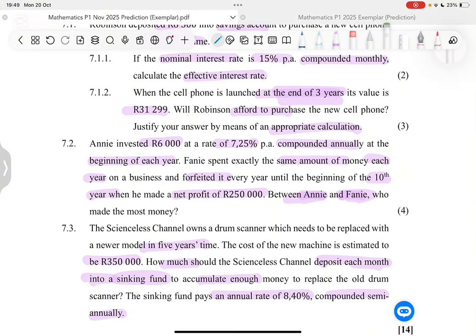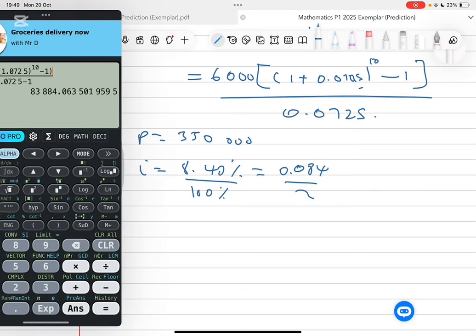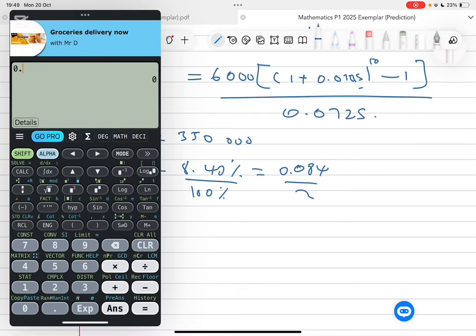But we're saying that this interest is compounded semi-annually, meaning every 6 months in a year. So it compounds twice in a year. That's why we're going to divide this by 2, because it compounds twice every year. If you divide 0.084 by 2, you should get 0.042.